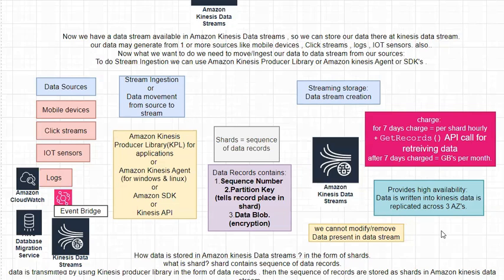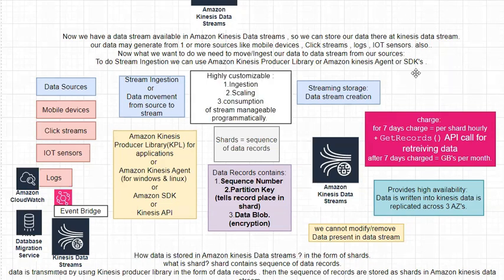So that is also customizable, and we even have the ability to consume the data present in the streams. We can do all these things programmatically. We call this Kinesis data stream highly customizable because we can manage ingestion, scaling, and consumption programmatically.